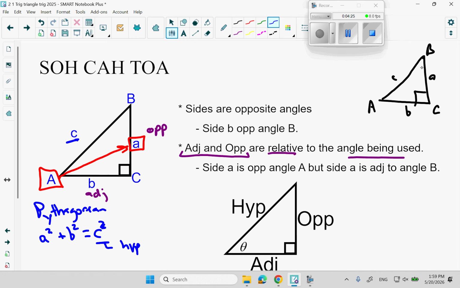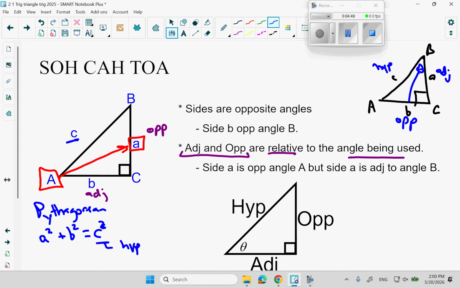If I'm talking about the perspective of B, C is still my hypotenuse. That hasn't changed, but now the side next to my angle is A. So A becomes adjacent, and now B is my opposite. So the adjacent and the opposites can get flipped.